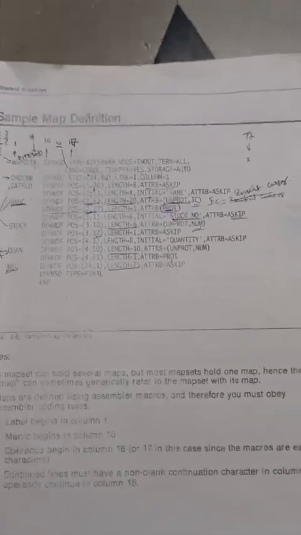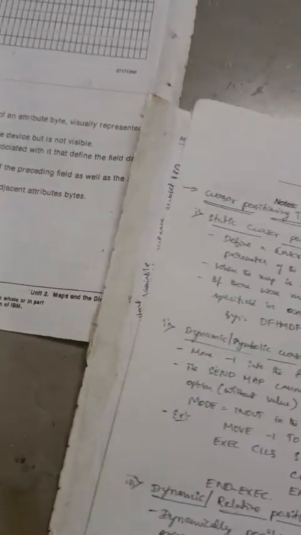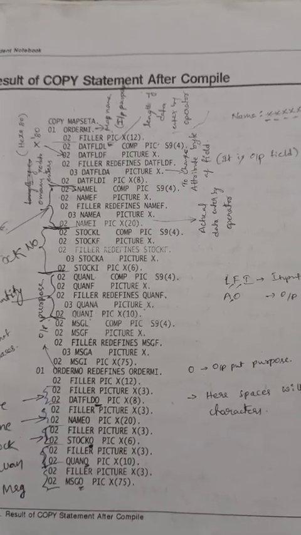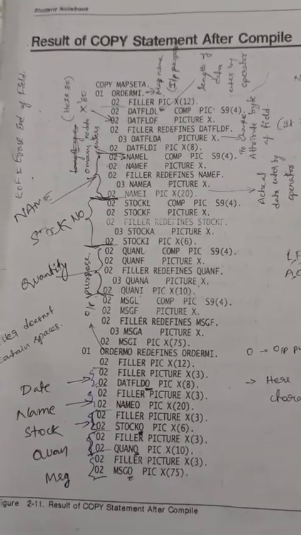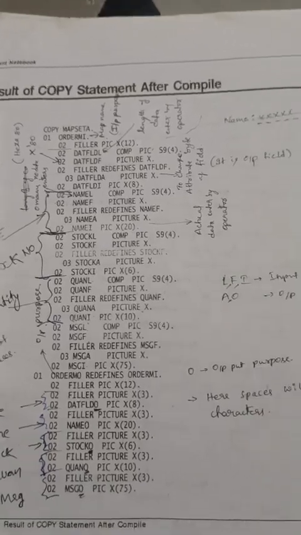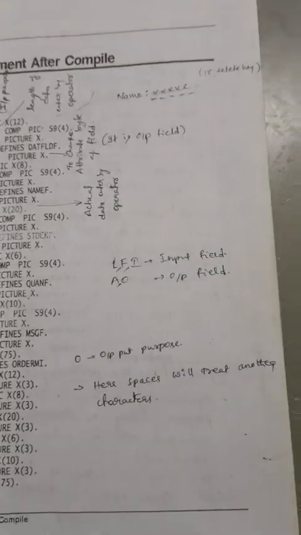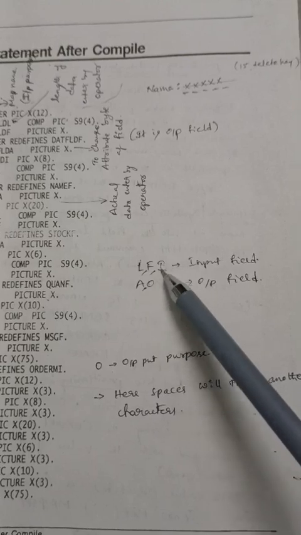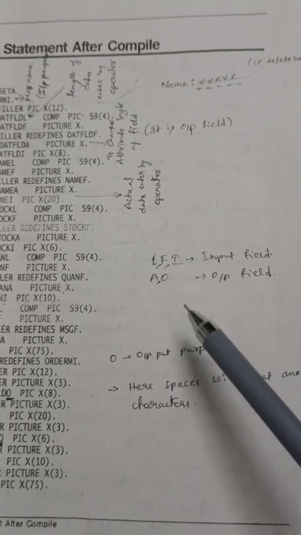And that's all, friends. These are the symbolic map generation, how to generate the symbolic map, and what fields are generated. After compilation of the symbolic map you can see the input fields L, F, I and the output fields A, O.